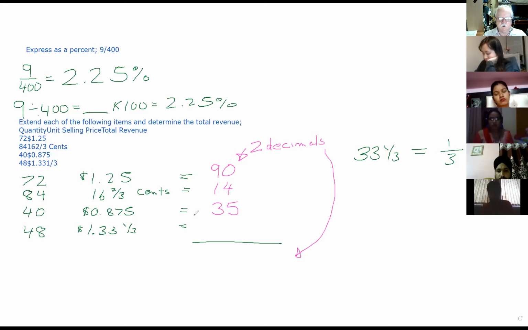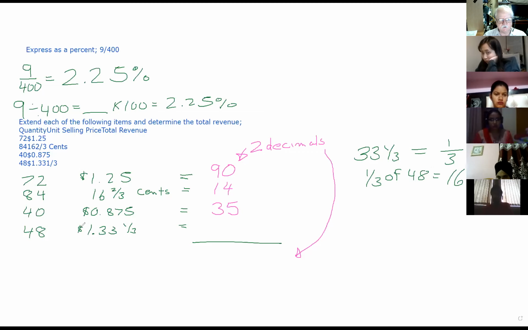So the 33 and a third here is 1/3 of 48. So 1 divided by 3 times 48 would be 16.